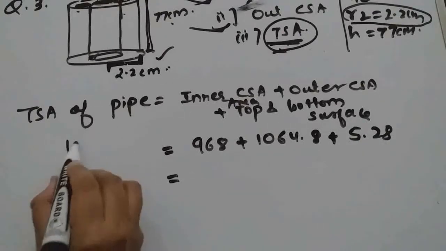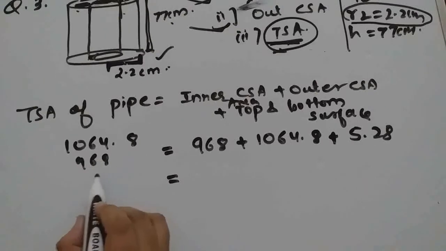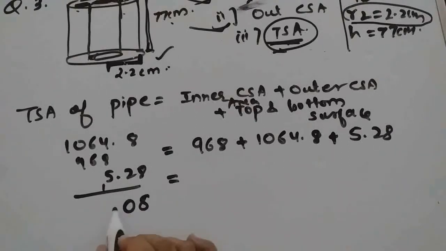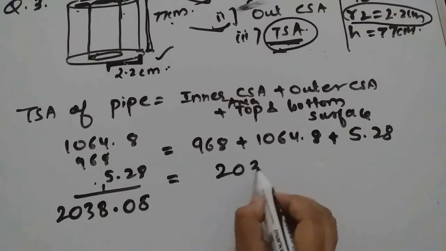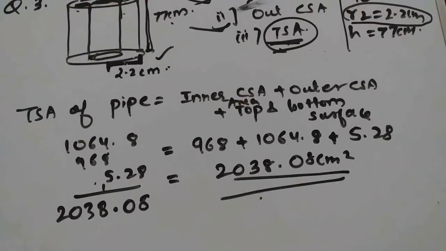So if we add all these together we will get our final answer. 2038.08 centimeter square is the final TSA.